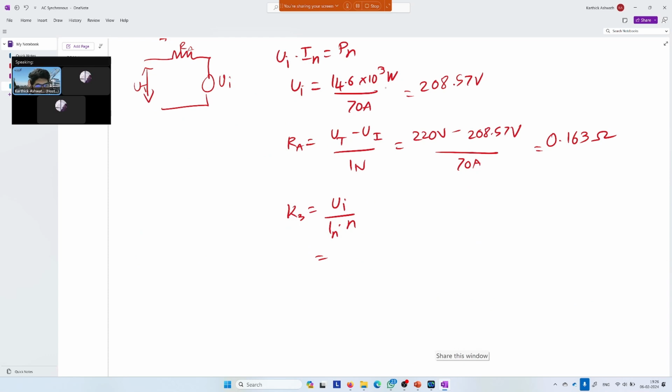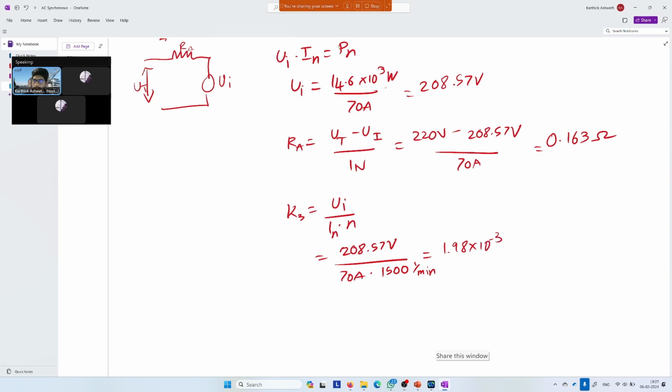UI is 208.57 volts divided by 70 amps multiplied with 1500 per minute, which gives me 1.98 times 10 to the power minus 3.